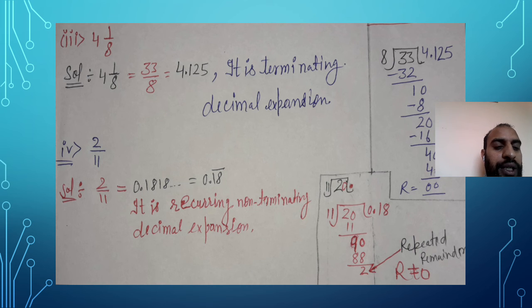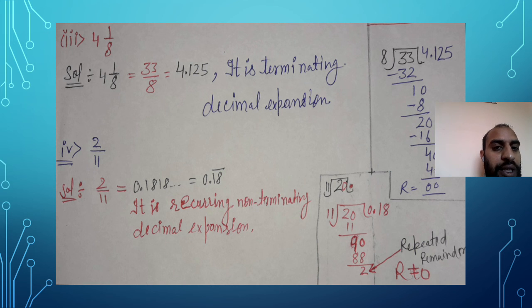Here the important thing is to check that the question started from 2 upon 11. That means we need to divide 2, and you can see in the last step once again the remainder is repeated. If remainder is repeated, that means it is the case of recurring non-terminating. That means a repeated answer is there.